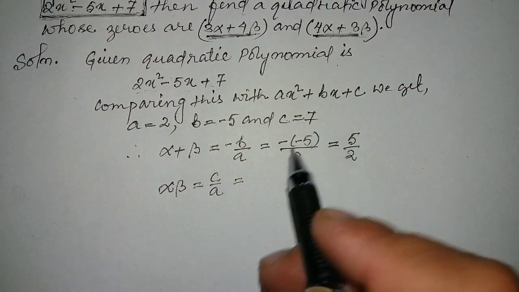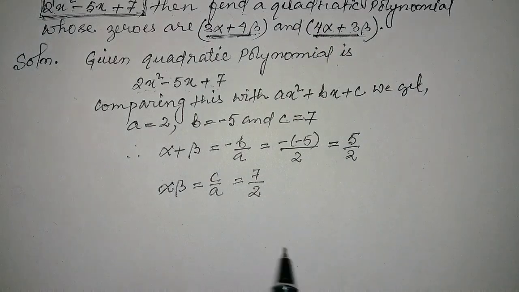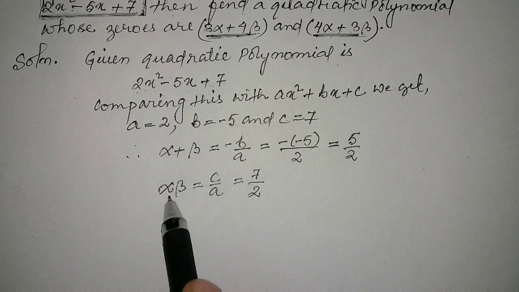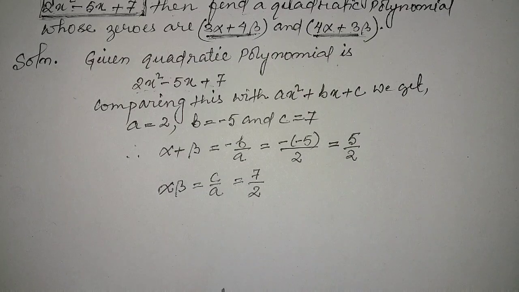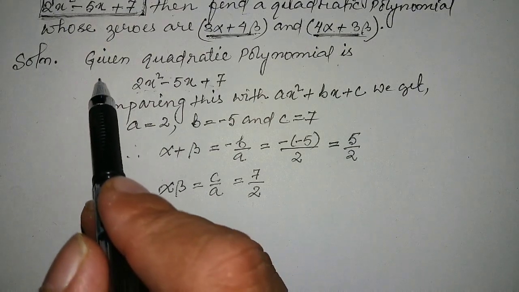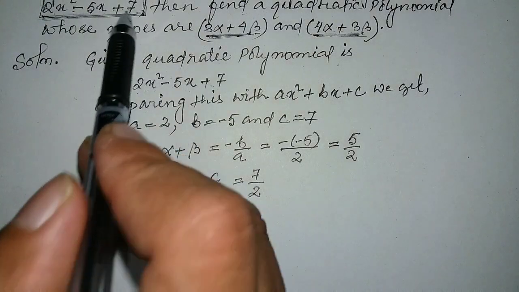Now c is 7, a is 2. Now we have alpha plus beta is equal to 5 by 2, alpha beta is equal to 7 by 2. This is the information that we can get from the given conditions.